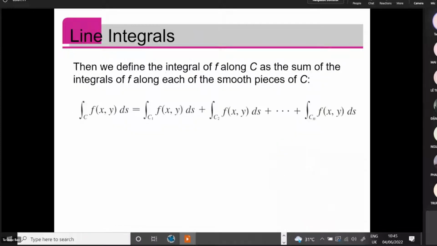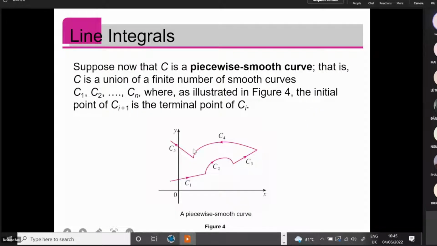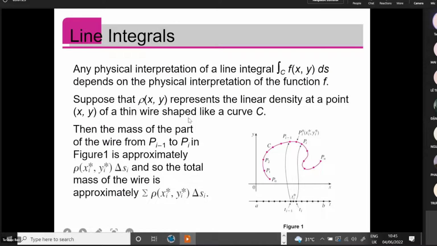Okay, so that is the idea when C is not smooth. This is just smooth on piecewise curves.